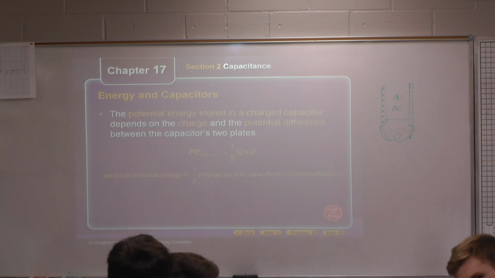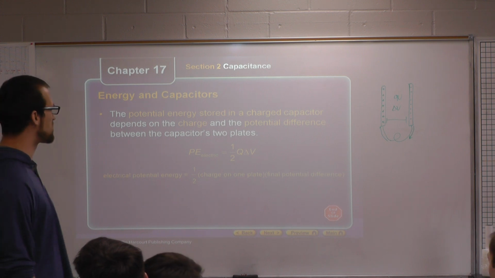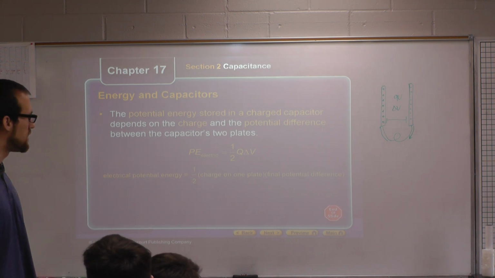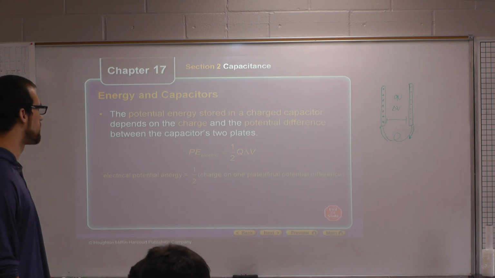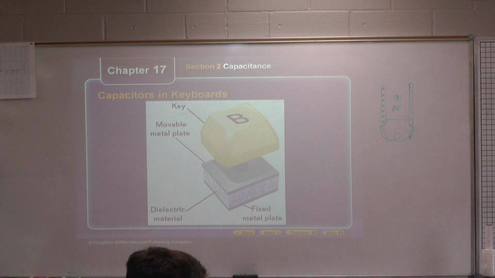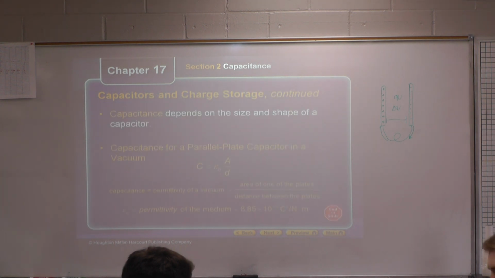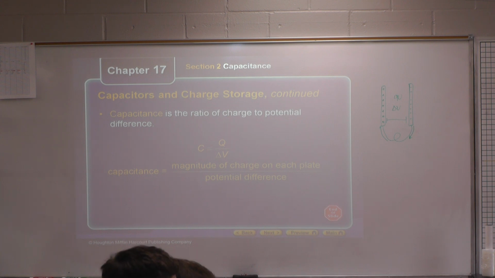Alright, keyboards like this. So this is just saying how you determine the potential energy stored up on the capacitor. The charge times your potential difference. Okay, so I think it was a modified version of that version. Modified.